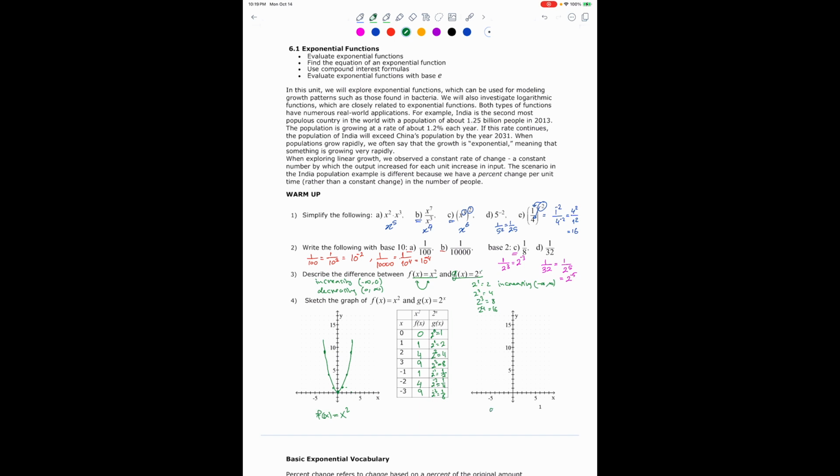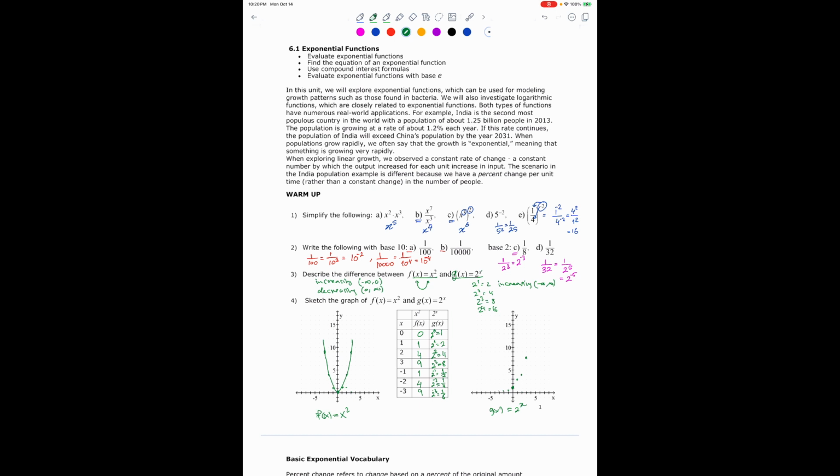The function g of x, which is 2 to the x power, is going to be 0 and 1, and then we get 1 and 2, 2 and 4, we get 3 and 8, and then we get negative 1 and 1/2, and then negative 2 and 1/4, and then negative 3 and 1/8.